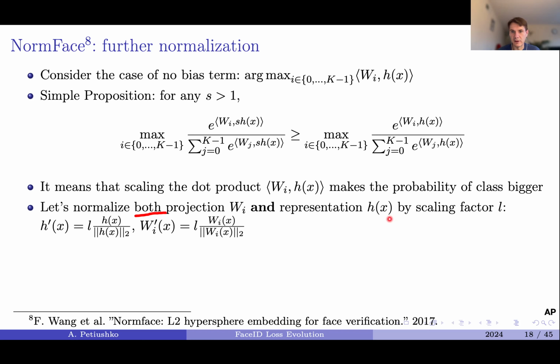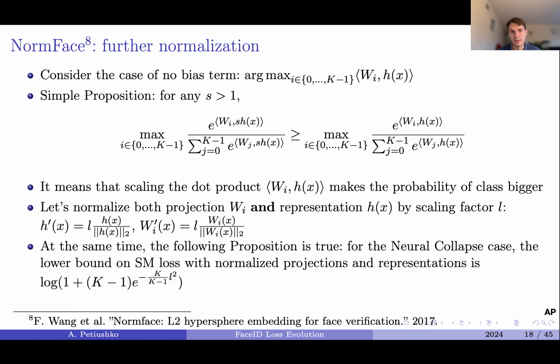Remember, previously we did it only for h of x by some scaling factor L. So h prime of x equals L times h of x divided by the norm of h of x, and w prime i of x is equal to L times w i of x divided by the norm of w i of x. So in this case, the norm of h prime would be L, and the norm of w i prime also would be L.